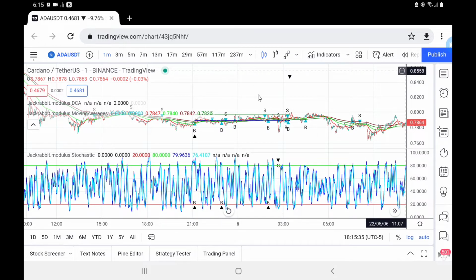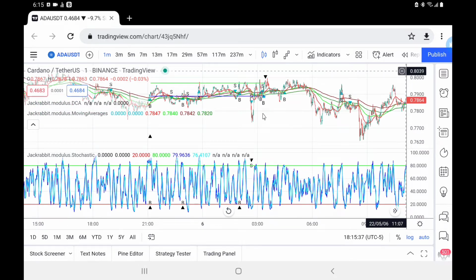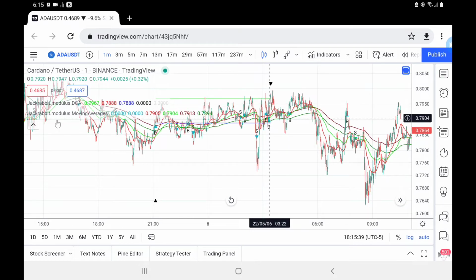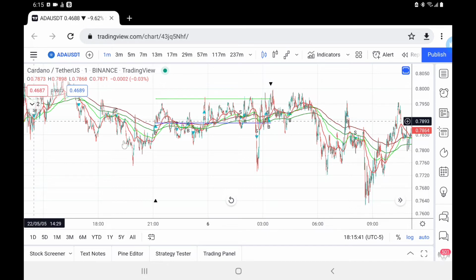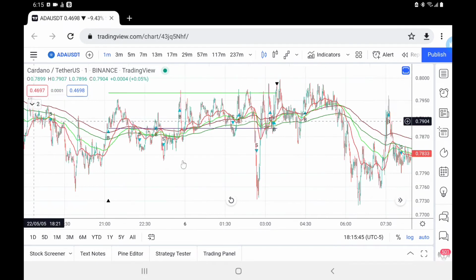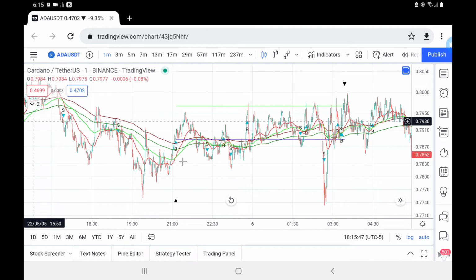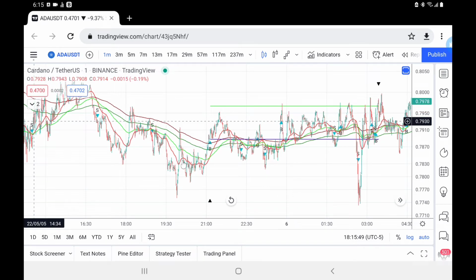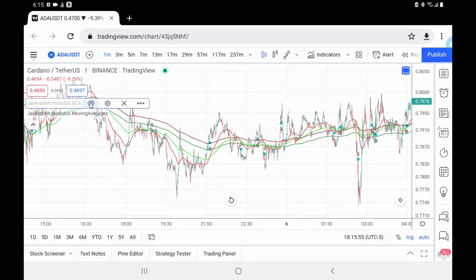Okay, so here we go. Let's really zoom in on this particular trade, which looks like a mess, to be honest. So here, let's hide the DCA for now. Here you have the momentum, and then you have the crossover, as you can see.